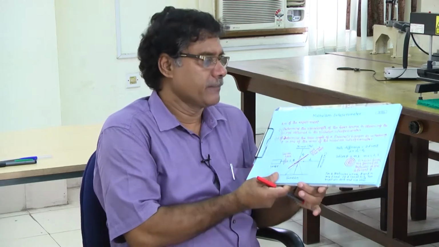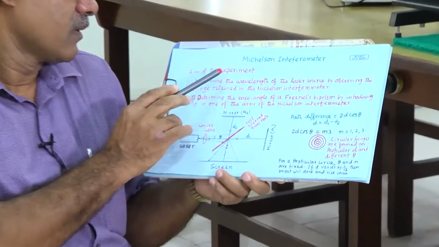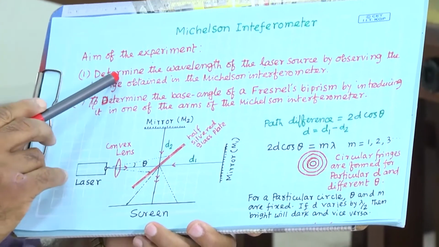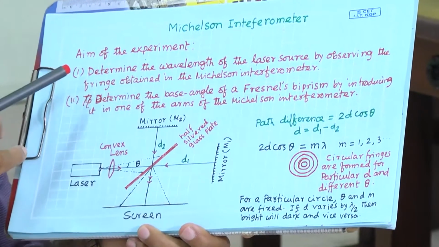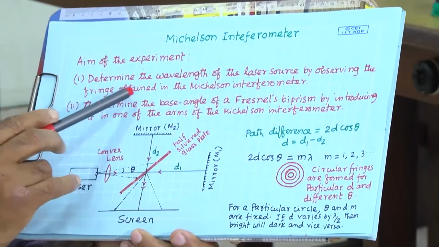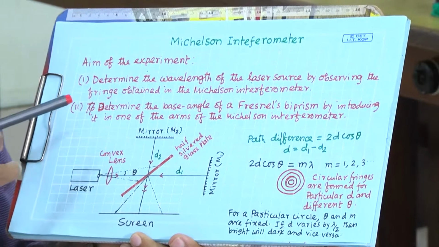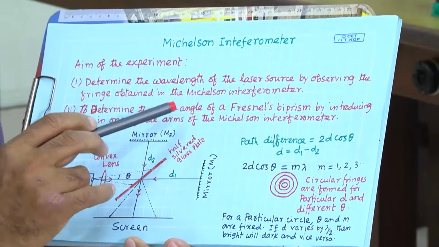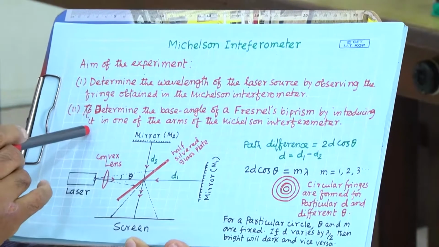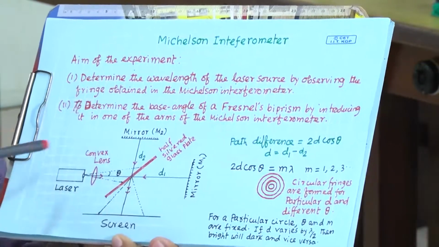Basically, the aims of this experiment are the following: determine the wavelength of the laser source by observing the fringes obtained in the Michelson interferometer, and determine the base angle of a Fresnel's biprism by introducing it in one of the arms of the Michelson interferometer.